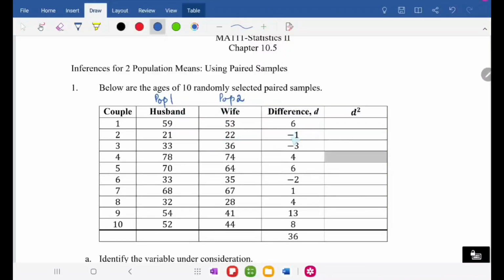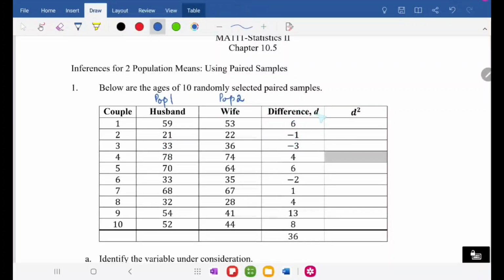So in this case the difference is -1. Because it's negative, population 1, the husband, is smaller in age than the wife. His age is lower than that of the wife by 1 year.